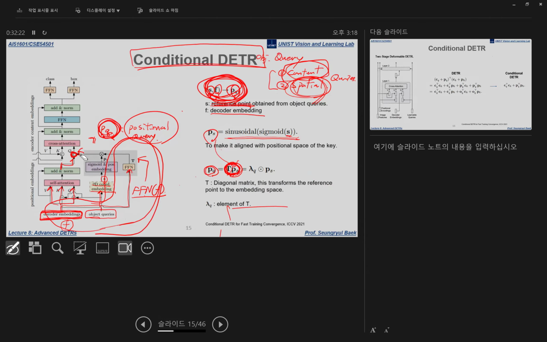That's why this architecture has a concatenation operation rather than addition. In the self-attention we are using addition for content and spatial information, but in the cross attention, we replace those additions with the concatenation operation to separate content and spatial information.